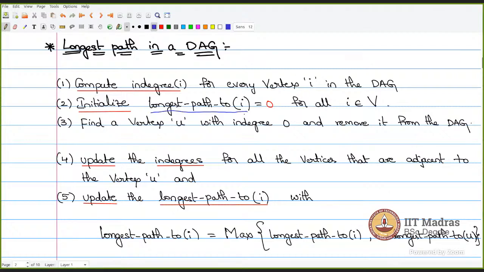So for every vertex we have two numbers associated: the first is the in-degree, and the second, longest path to, we initialize to 0 for every vertex.